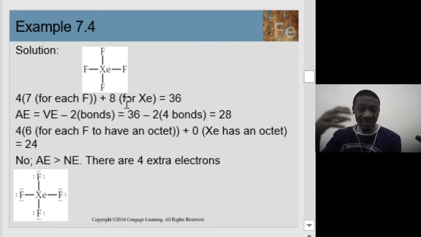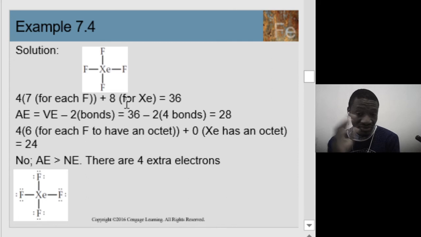Hence, an atom that is very electronegative can decide to pull its electrons from it, and hence you can have this kind of situation. So that's the explanation for it, in case some of you are having a headache trying to wonder how a noble gas is reacting.